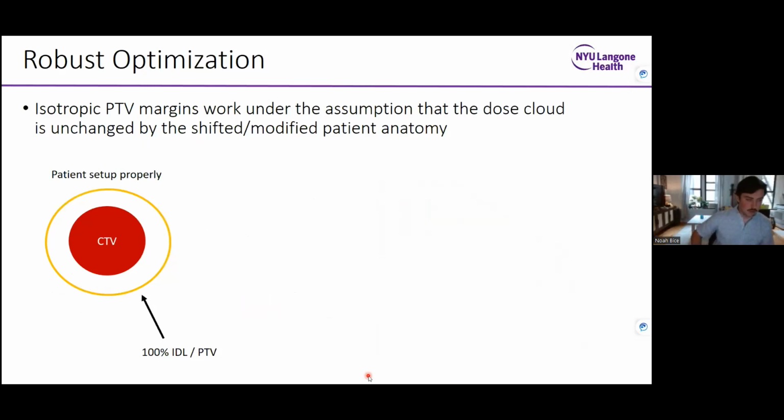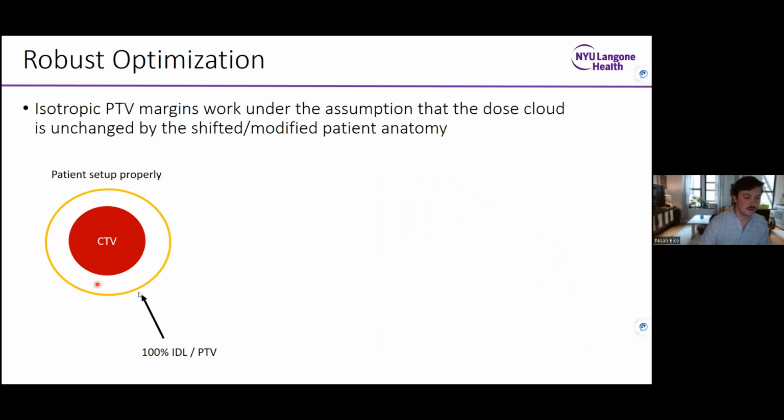So in principle, setup margin should work under the assumption that it's called the static dose cloud assumption, where you assume that the dose distribution is unchanged by the shifted or modified patient anatomy. So in a perfect world, we plan with a PTV and the patient set up properly. The CTV sits happily within the PTV.